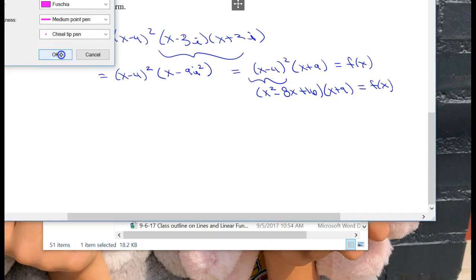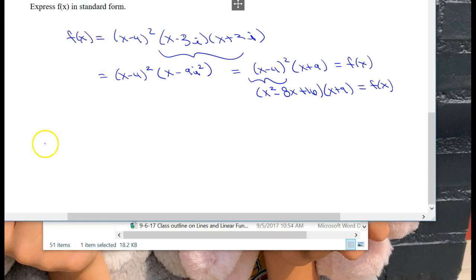Fuchsia. Here we go. So let's say that f of x has roots at x equals 2 minus 7i.